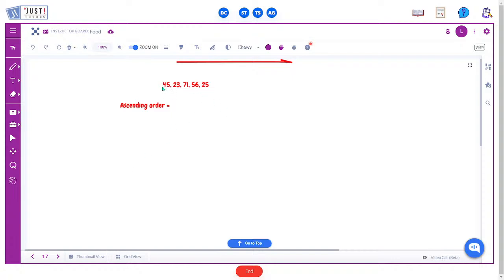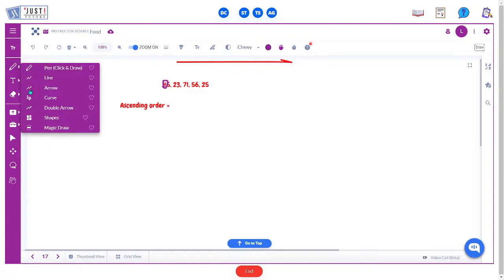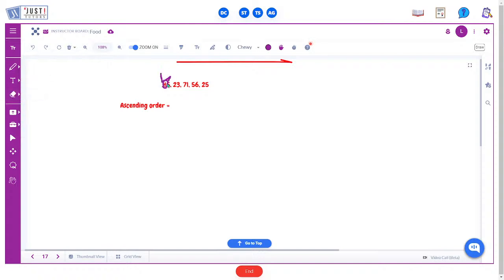Now if we try comparing the first digits of every number, we have 4, 2, 7, 5 and 2.